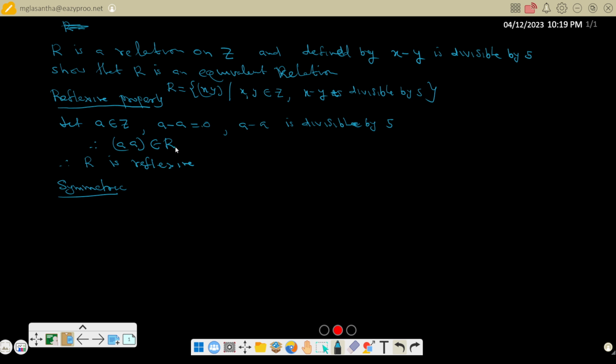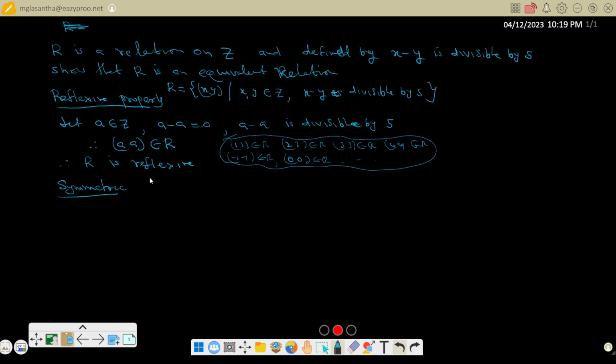Therefore (a, a) belongs to R. So if you take 1, 1 belongs to R. 2, 3, 4, -1, 0 all belong to R. All the elements of this form are included in this relation. Therefore R is reflexive.